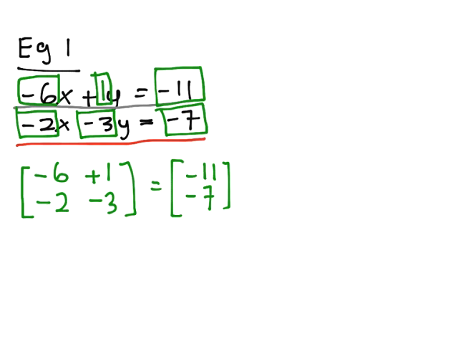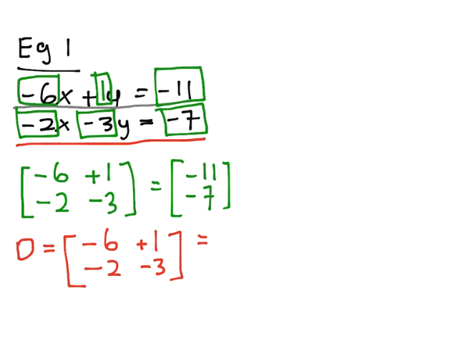Okay, now the first value that we want to come up with is D. When we want to come up with the D value, we just take this matrix, which is -6, +1, -2, -3, and apply AD minus BC.